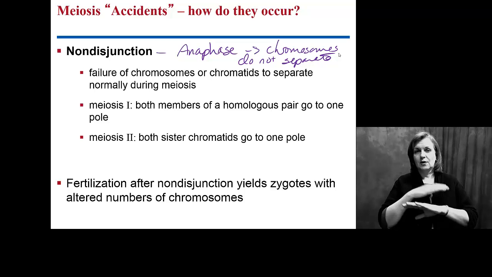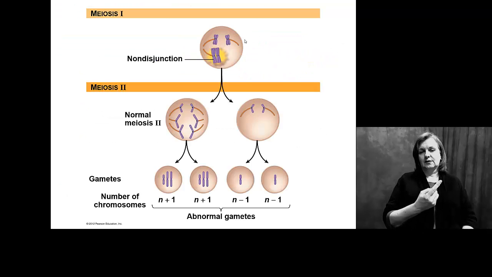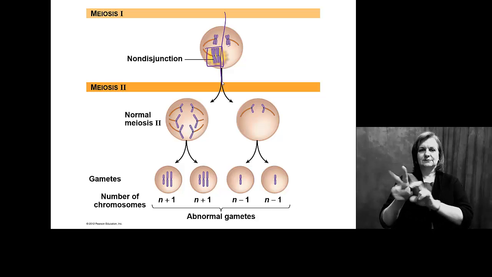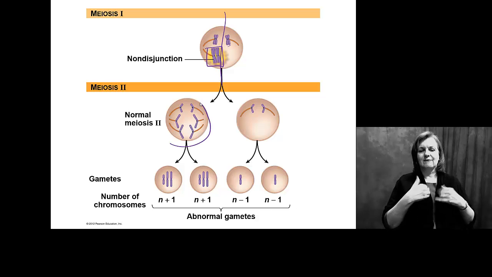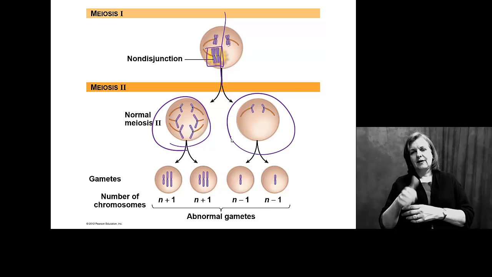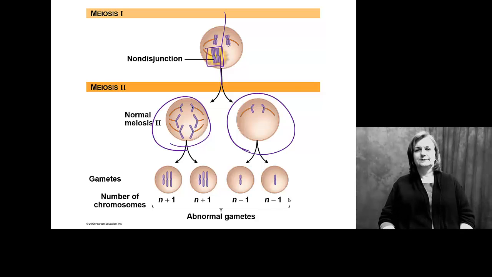So if they don't separate properly, in meiosis 1 here, we have a homologous pair that did not separate as it should. You end up with more chromosomes than you're supposed to in 2 of the cells and fewer chromosomes than you're supposed to in the other 2 cells.